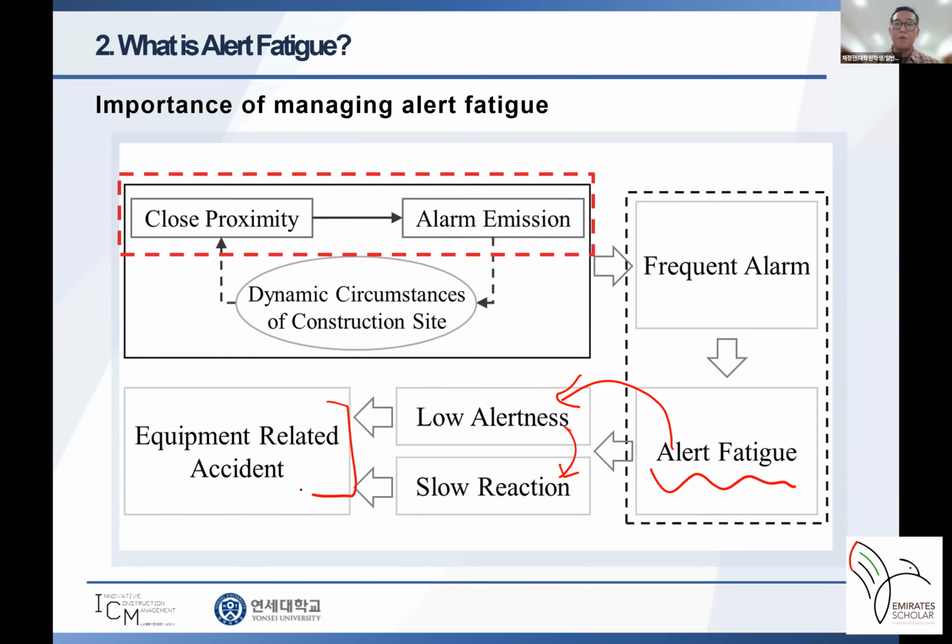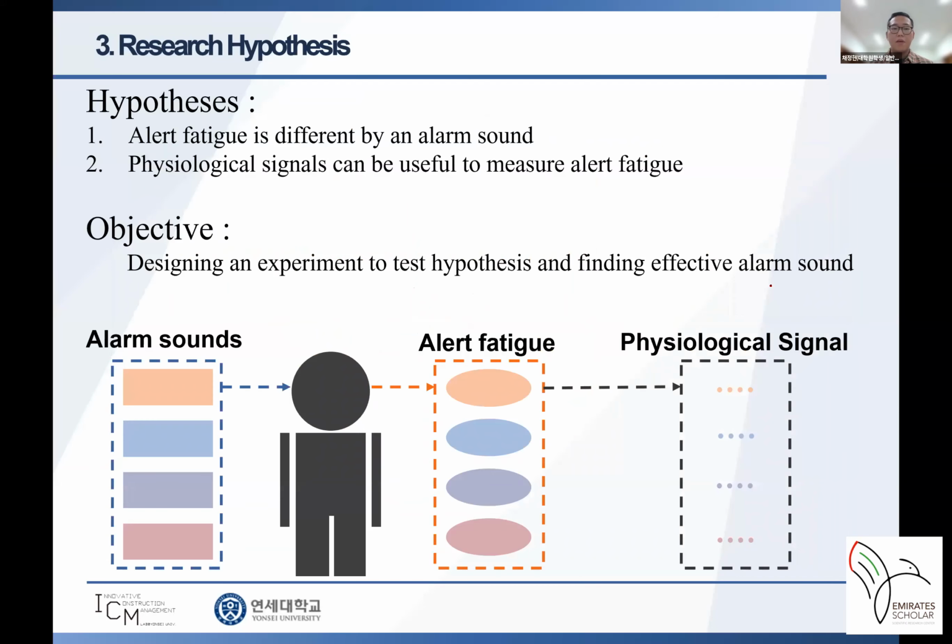As I said before in the previous slide, due to the dynamic circumstance of the construction site, frequent alarm is inevitable. So to manage alert fatigue, we hypothesize that maybe alert fatigue is different by alarm sounds, and we can find the most effective alarm sound to manage alert fatigue.